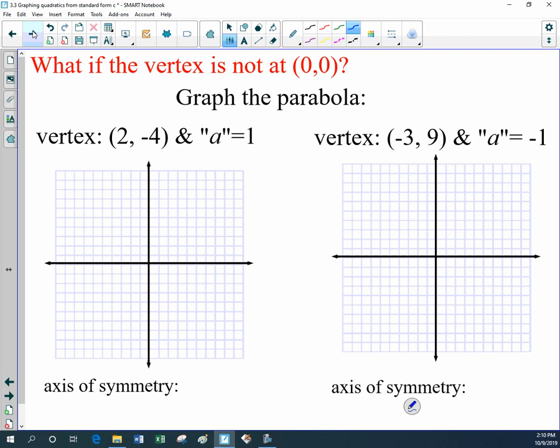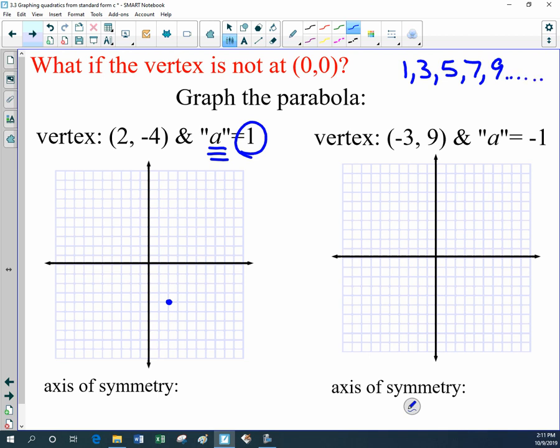All right, and then here it says, what if the vertex is not at 0, 0? Graph the parabola. In this first example, the vertex is at positive 2, negative 4. So here's 2, negative 4. And it says a is 1. Anytime that a is 1, then our rate of increase is going to be 1, 3, 5, 7, 9.